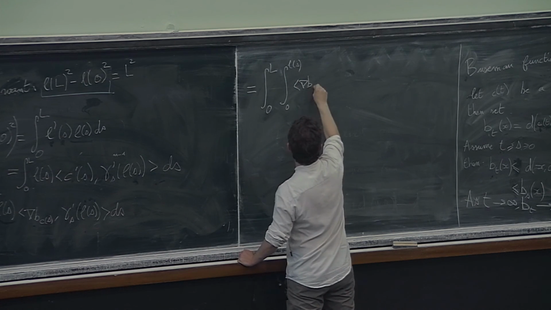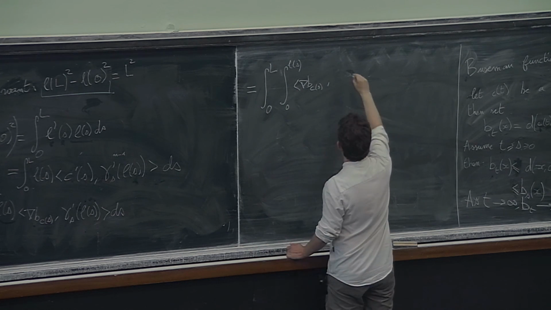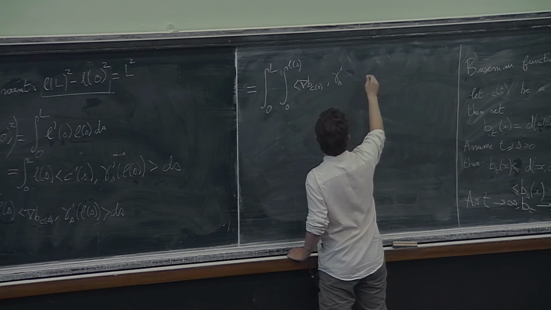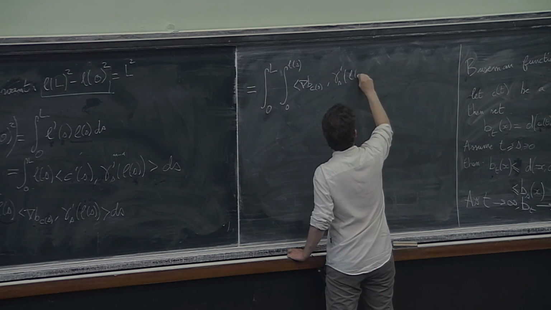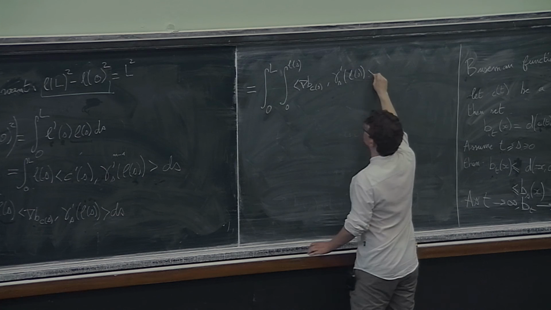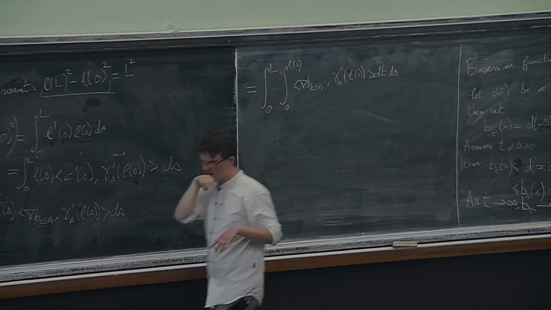Gradient B computed at the point C of S times gamma prime S of L of S, so dt ds.